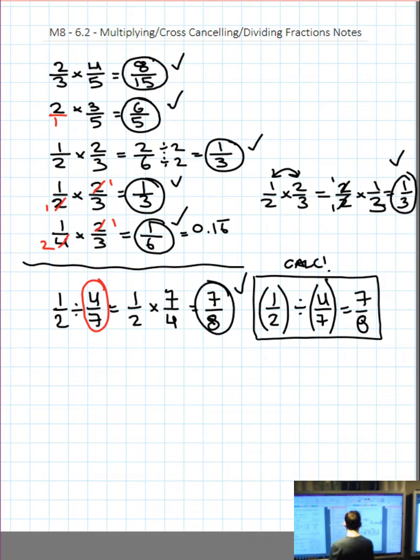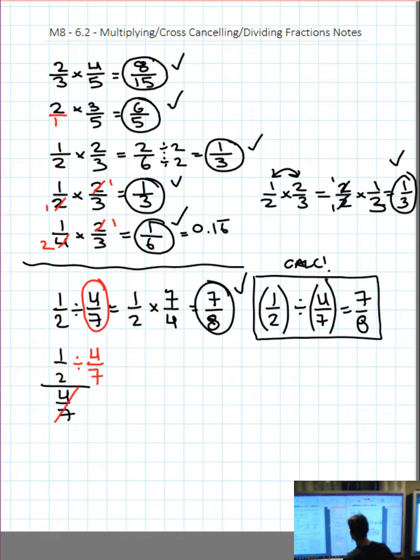So I'm going to do 1 over 2 over 4 over 7. Now we have to be very clear as to which is the big over and which is the little over. Now, wouldn't you agree that I can simply call this a division statement?